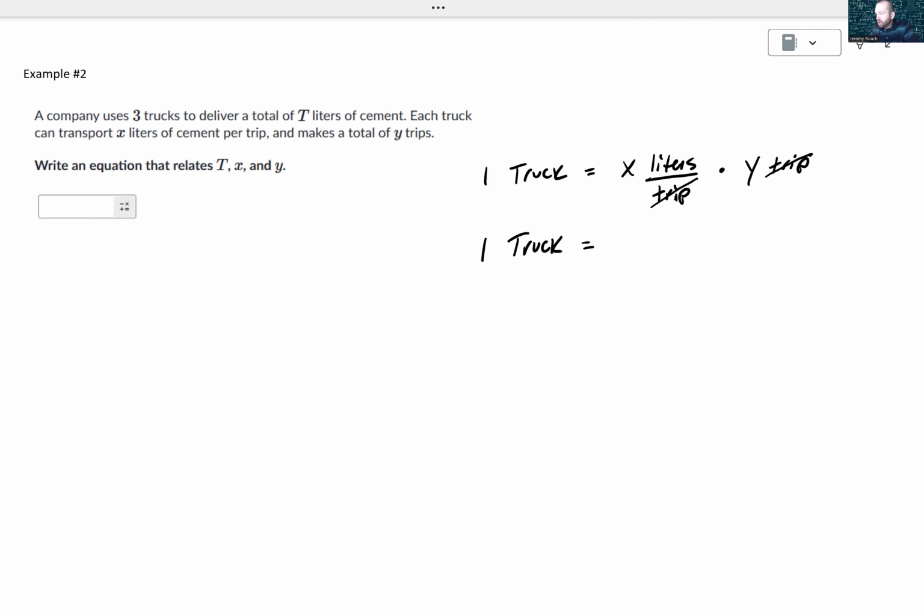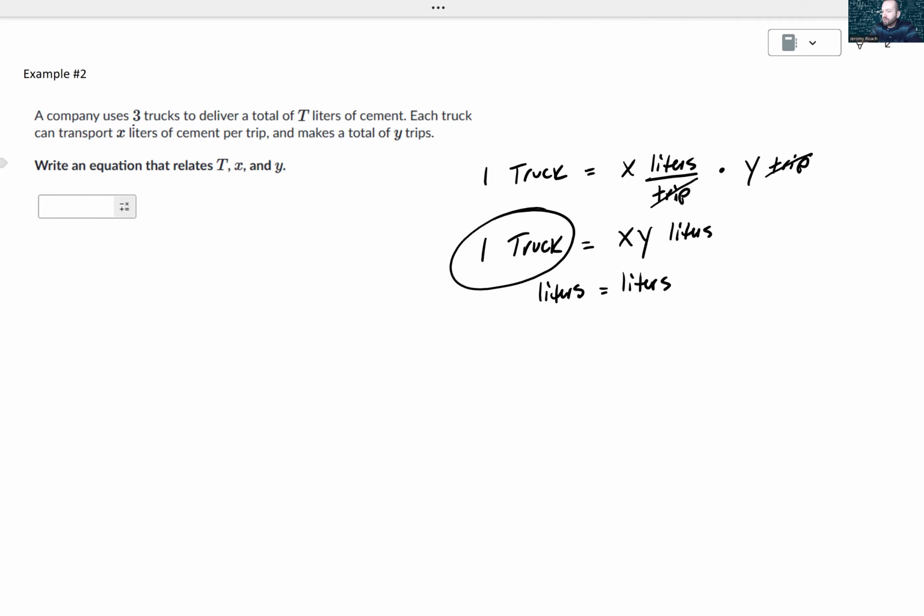So now one truck is equal to XY. And there's just liters. So remember, the truck is carrying liters of cement. And so now we have liters equals liters. This is just for one truck.